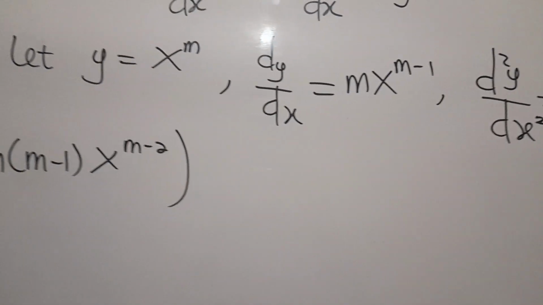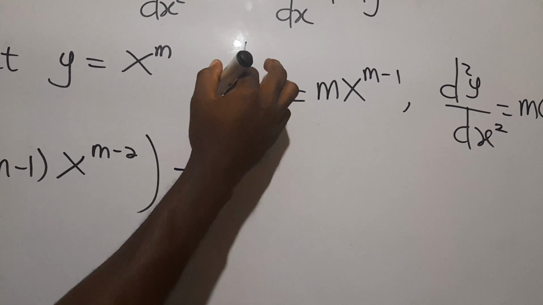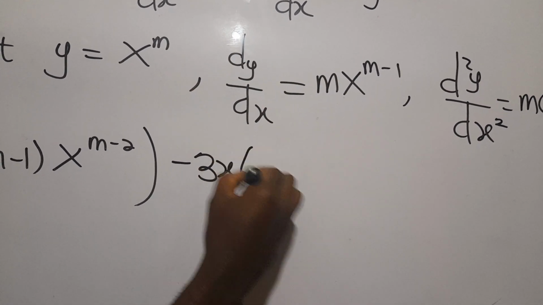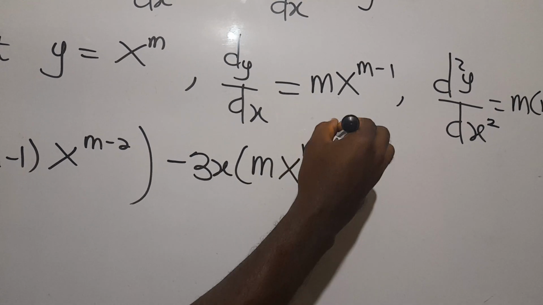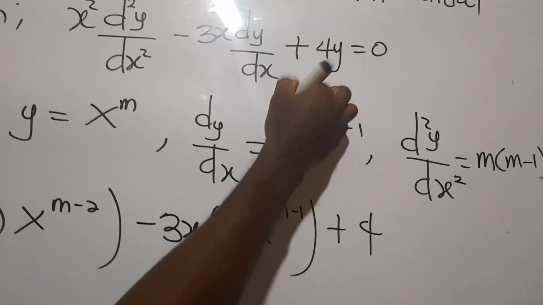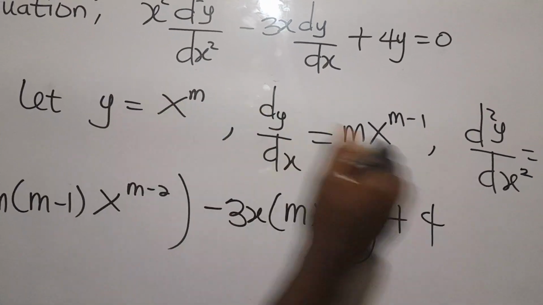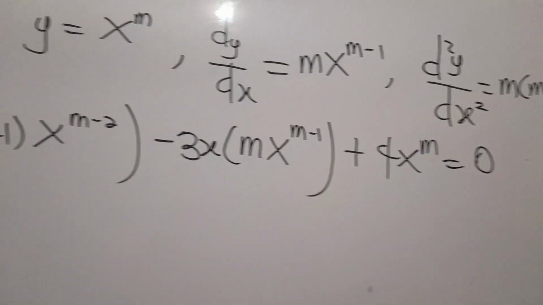Then minus 3x times dy/dx, which is m x^(m-1). Then plus 4 times y, which is x^m, all equal to 0.